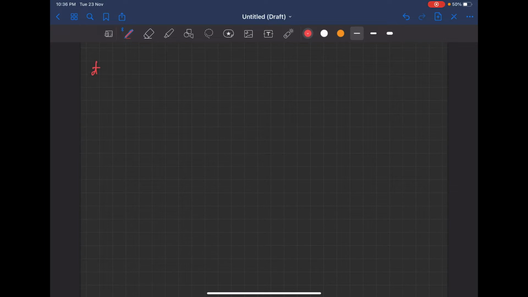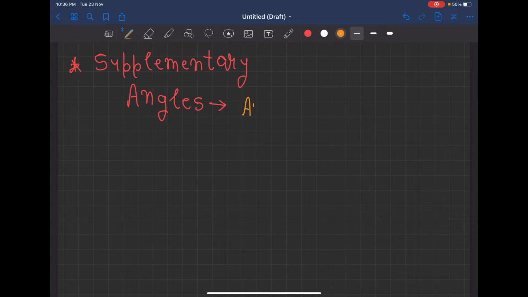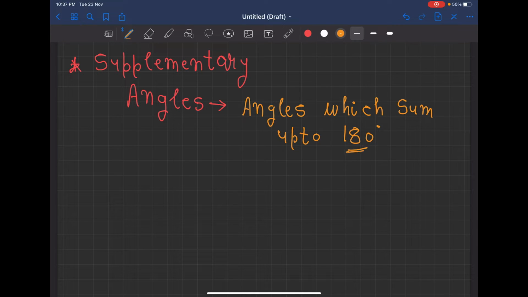So supplementary angles are the angles which sum up to 180 degrees. Complementary angles sum up to 90 degrees and supplementary angles sum up to 180 degrees.